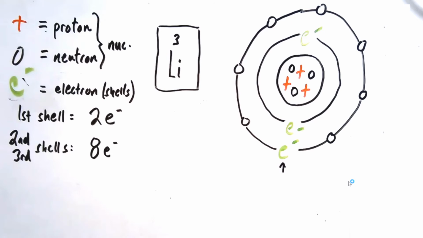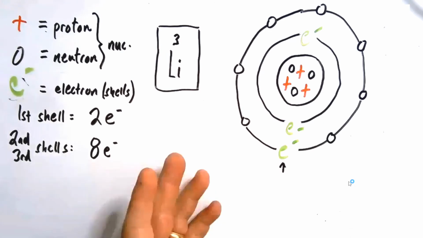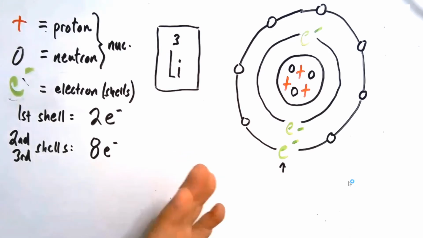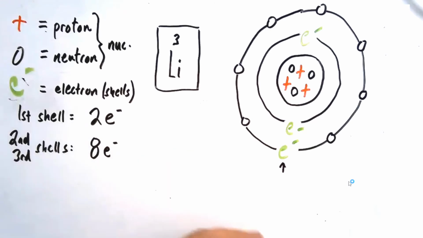Now, I'm just going to test your brain a little bit. Let's suppose that instead of me giving this to you with the element name, suppose I just gave you a drawing and asked you to tell me what element it was. Can I do that? I sure can.